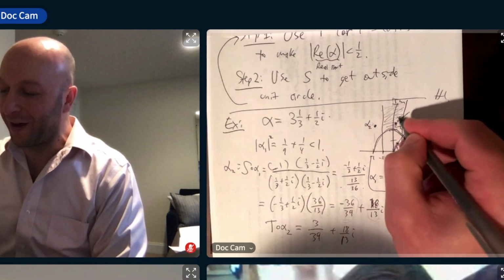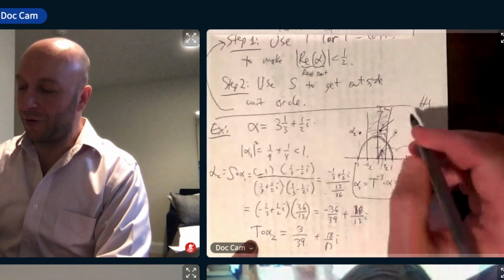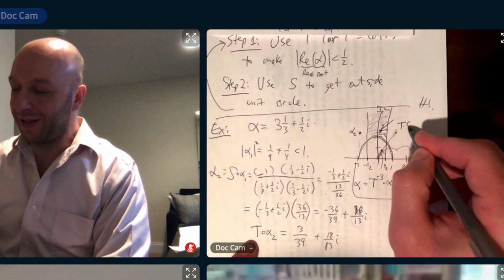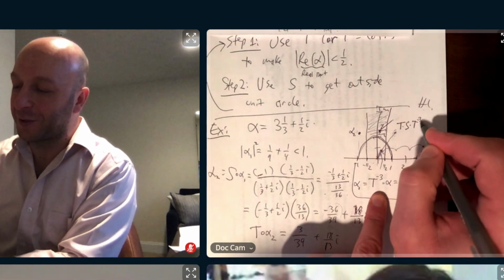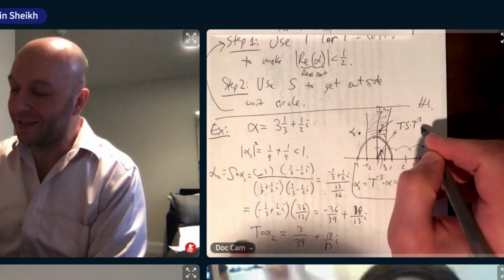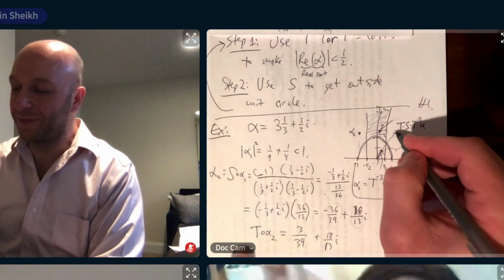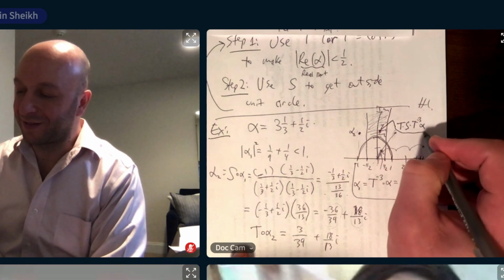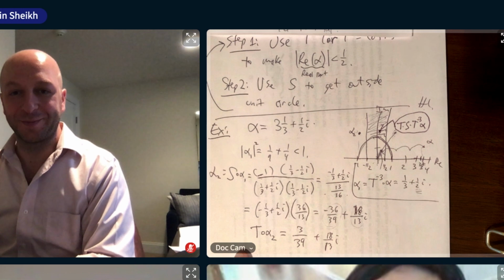So here is the final place. Now what did we do? We applied T to the minus 3 (T inverse three times), then an S, then a T to alpha to get us the most reduced form of alpha that's inside this fundamental region.